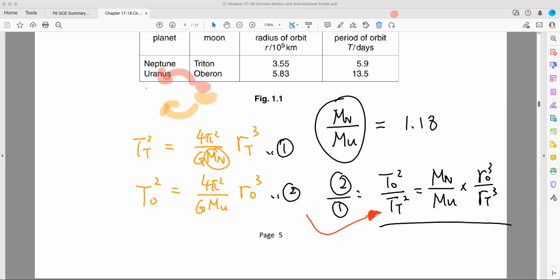R cube. Do you cube it? Do you square it? And also, this is not meter. 3.55 times 10 to the power 5 kilometer. You need to change it back to meter.